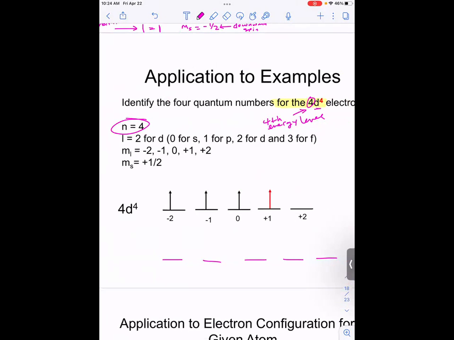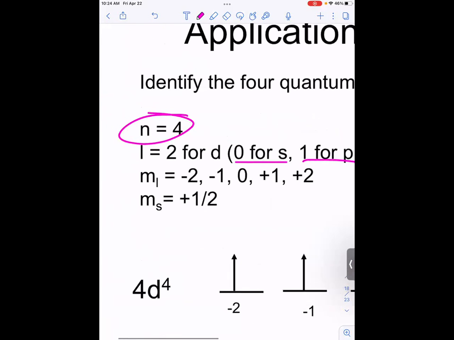And then it says D. So L is 0 for S. It's 1 for P. It's 2 for D. So L is going to be 2. Once we know that, we're home free, because all your other quantum numbers, the M sub L and the M sub S, we can figure that out. M sub L is going to be a consequence of what L is.